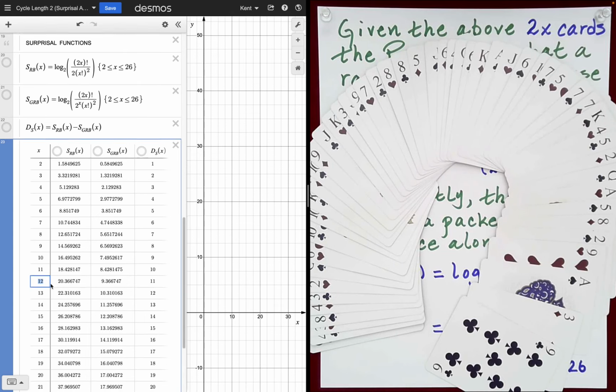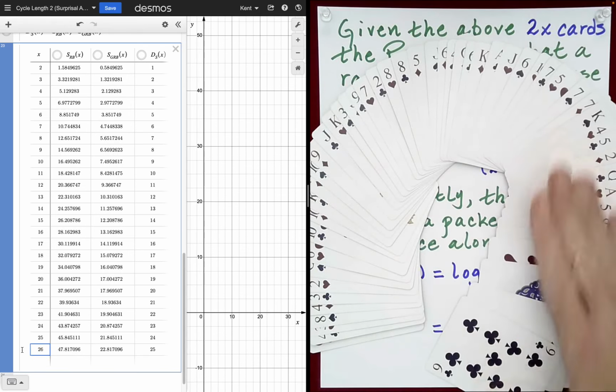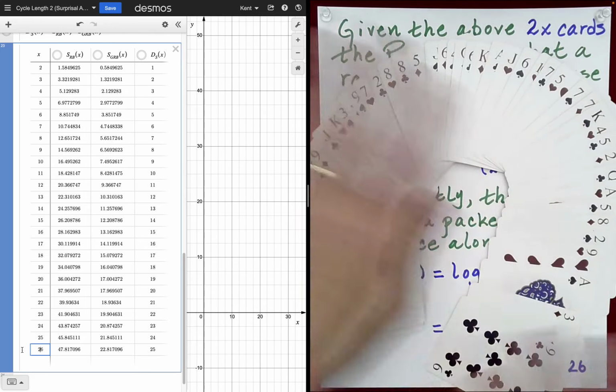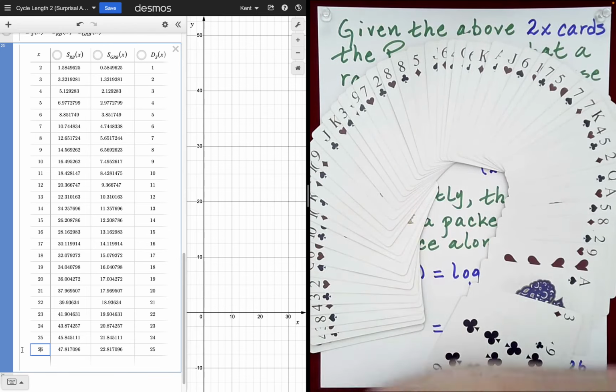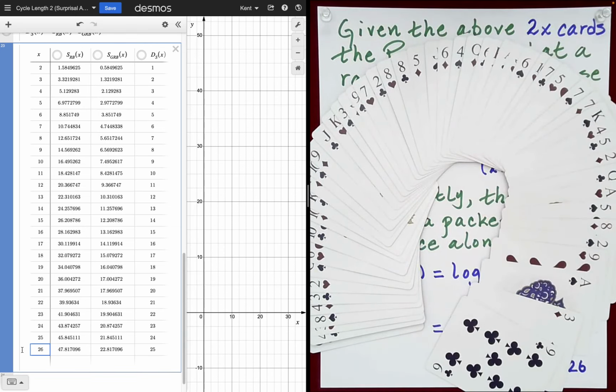If we go to the bottom, what do we see for 26 red cards and 26 black cards, which is what we're looking at right here? What are the chances that you would just mix these cards randomly, display them, and find that they perfectly alternate in color?